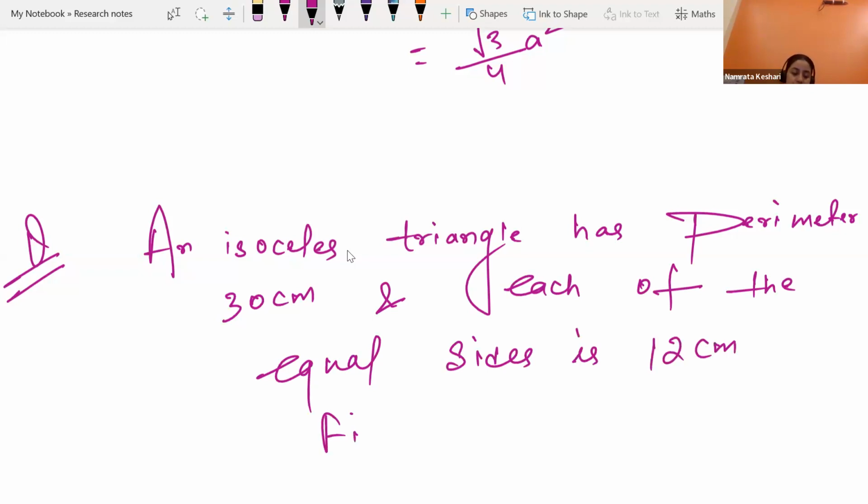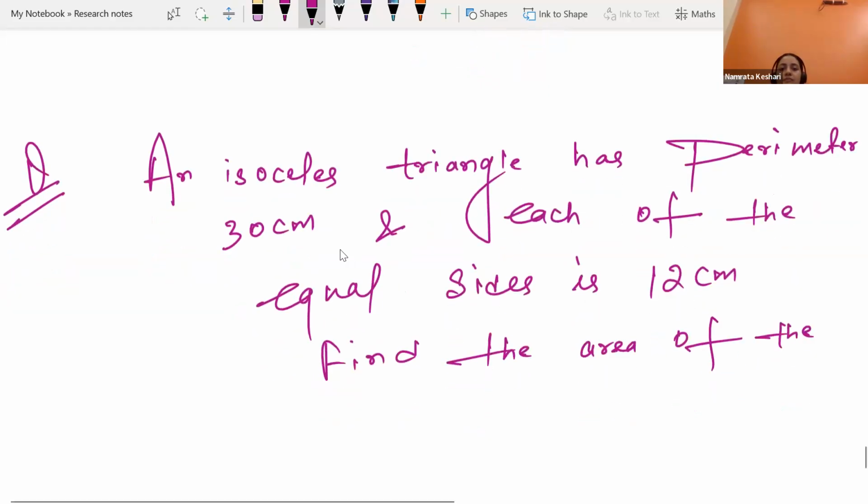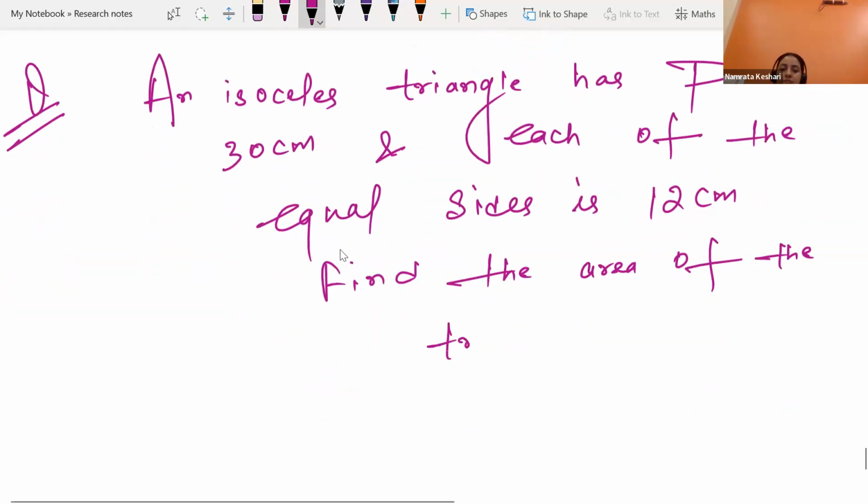Find the area of the triangle. Please do it now. Everyone, please do it.